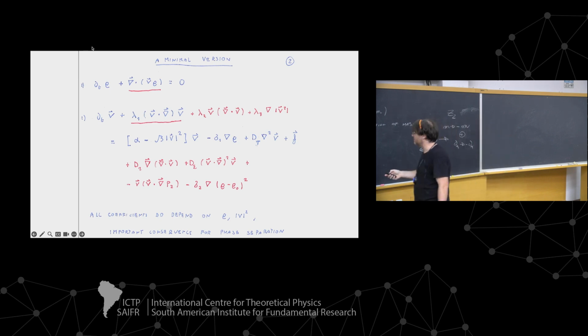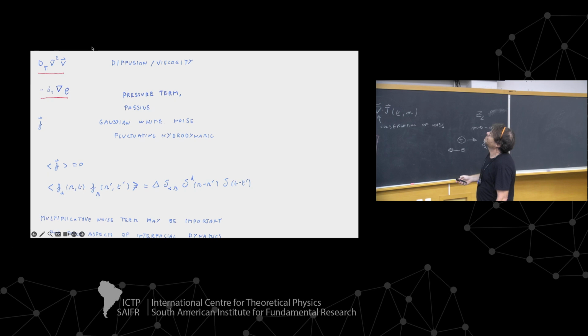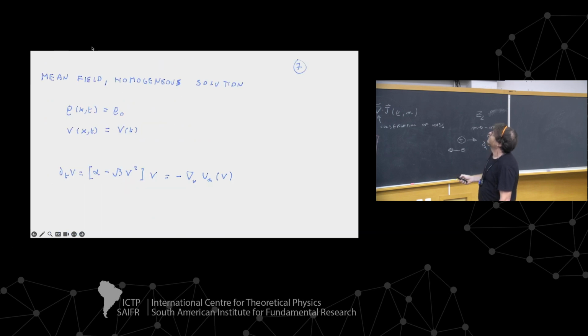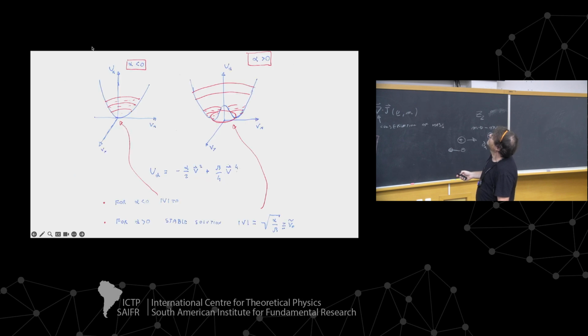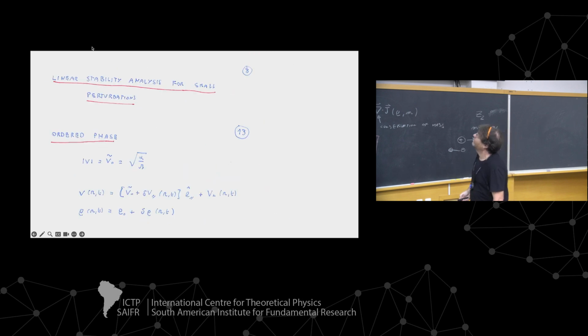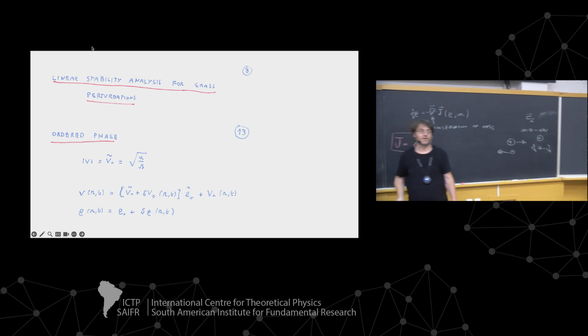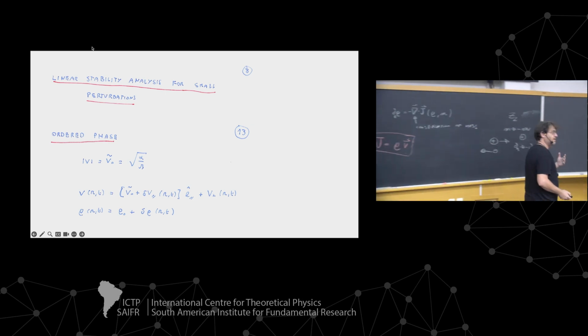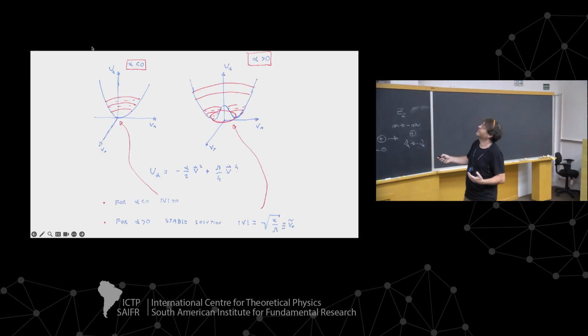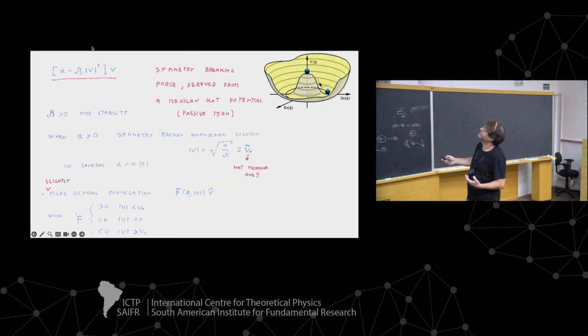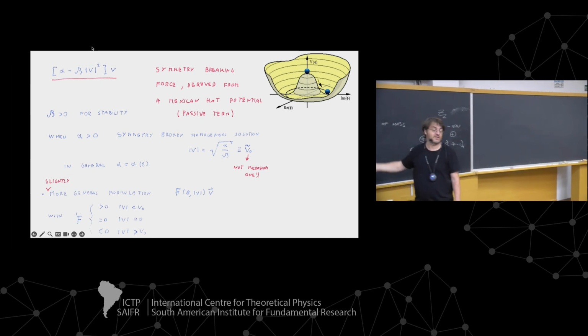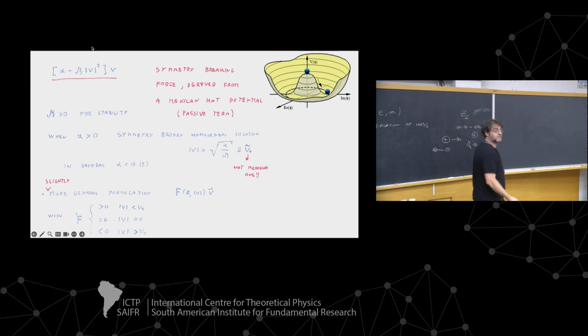So by doing this, you start to establish that you have a very simple solution, which is, if the parameter alpha, you can see immediately, you want this thing to be 0, okay? So if alpha is negative, the only way is the velocity to be 0.